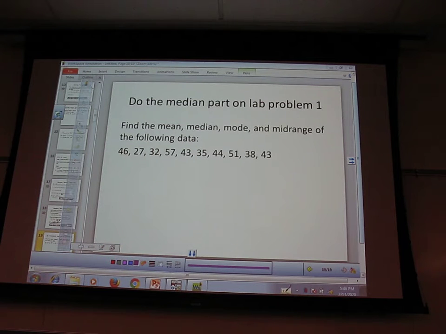Quickly. So what's the first thing you do? Put them in order. Take your data, put them in order, smallest to largest.